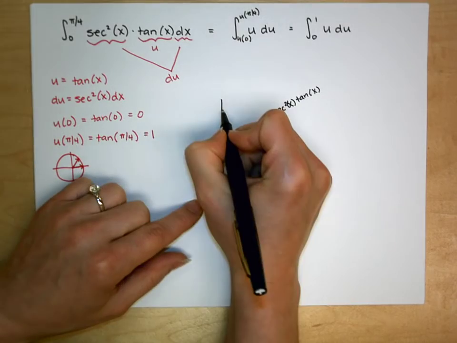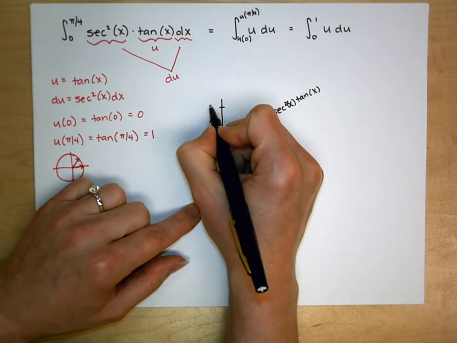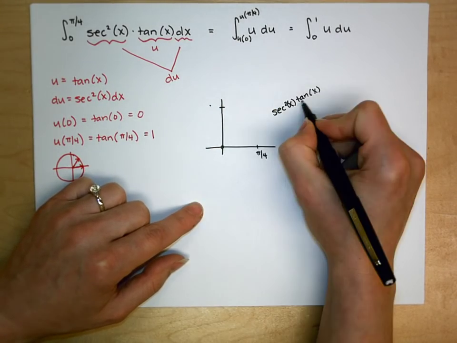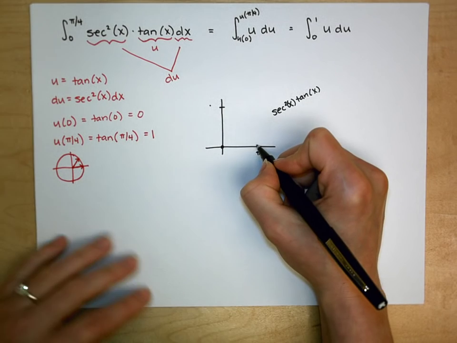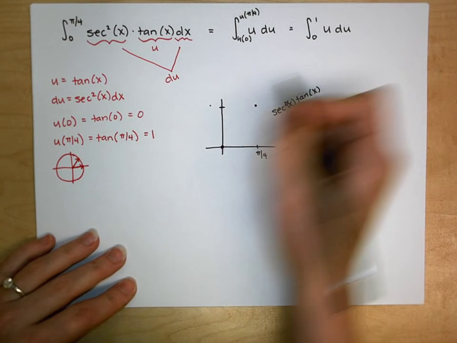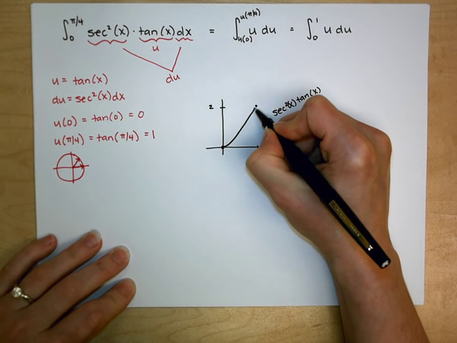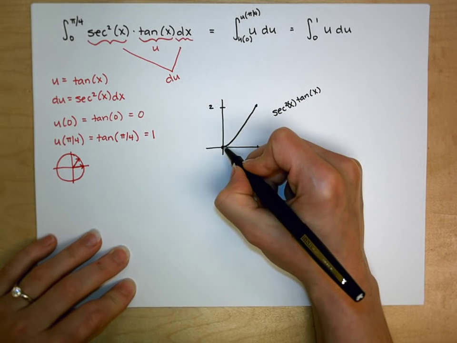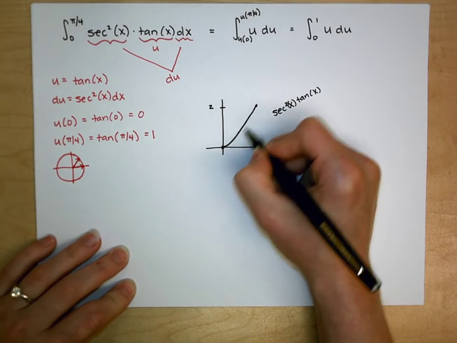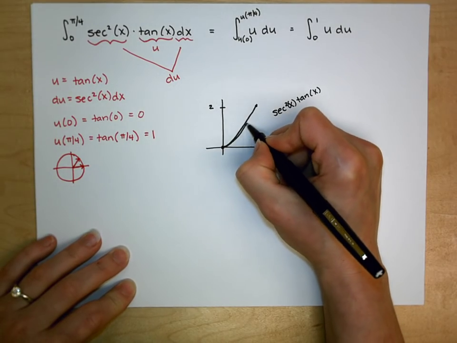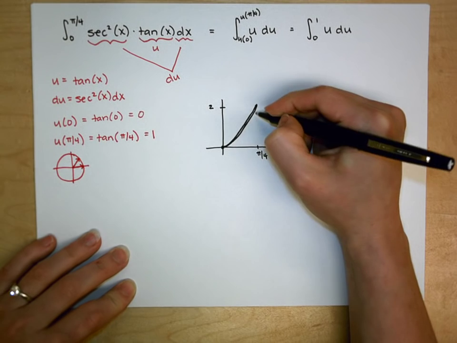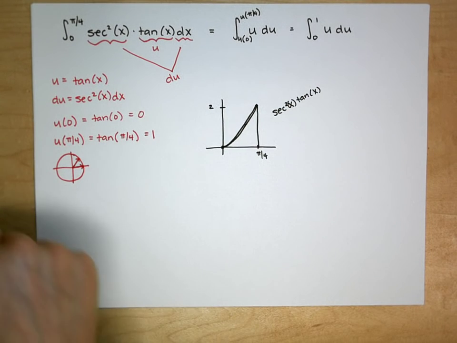At 0, it's 0. Tangent of 0 is 0. And at pi over 4, it would be 2. And graphically, it looks like this. This isn't something that I would expect you to know the shape of. It should be a little more curved than that, but you get the idea, a little bit more curvature. So what I'm looking at then is this area here.